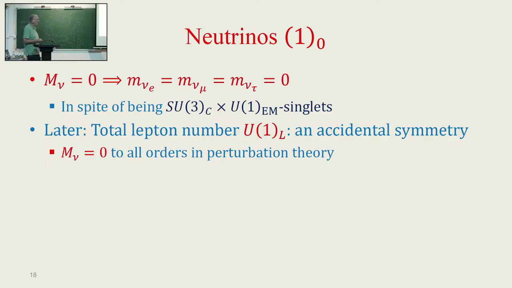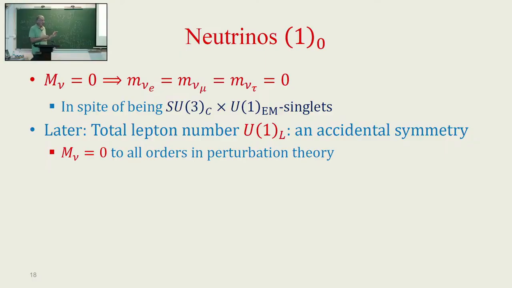Okay. So again, like in the leptonic standard model, they are massless in spite of their being neutral, which would have allowed in principle Majorana masses. And we saw that within the renormalizable leptonic but also standard model, there is a total lepton number carried by the neutrinos, and therefore their mass is not just 0 at the leading order, the tree level, but to all orders in perturbation theory.